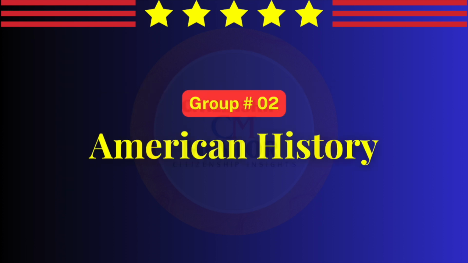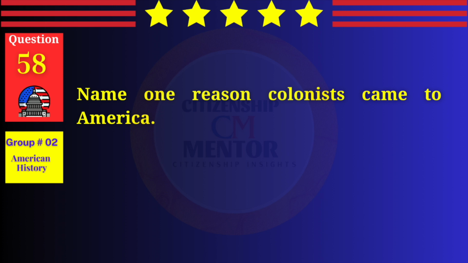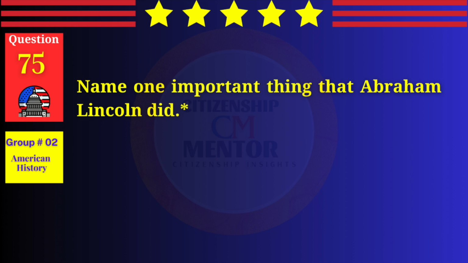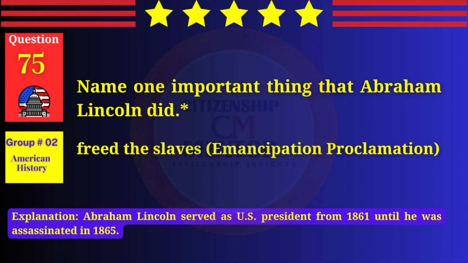Group 2. American History. Name 1 reason colonists came to America. Freedom. Name 1 important thing that Abraham Lincoln did. Freed the slaves, Emancipation Proclamation.